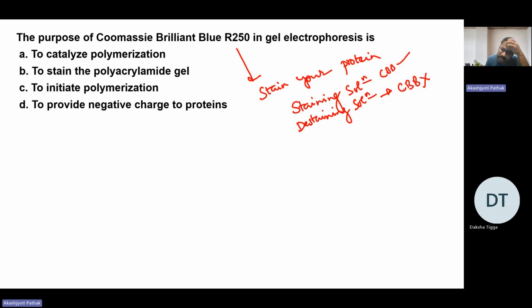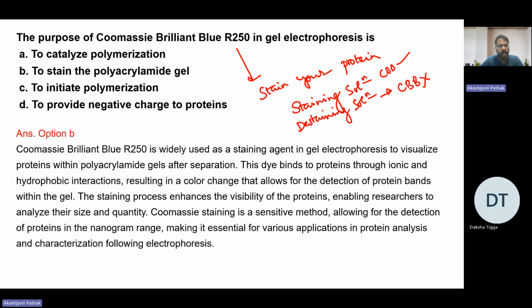So when you destain it, the gel will also take up some non-specific stain, and that will get removed, while the stain which has been taken up by the protein will be retained. Okay, so the Coomassie Brilliant Blue R250 is widely used as a staining agent. The dye binds to protein through ionic and hydrophobic interaction, resulting in a color change that allows for the detection of protein bands.